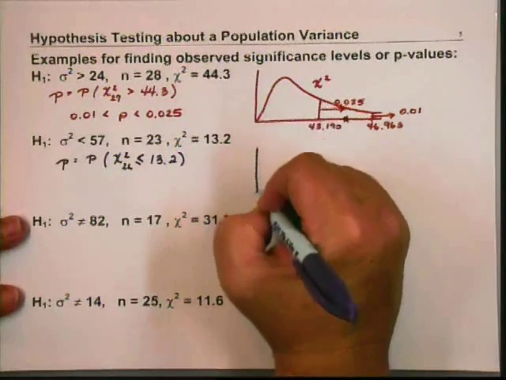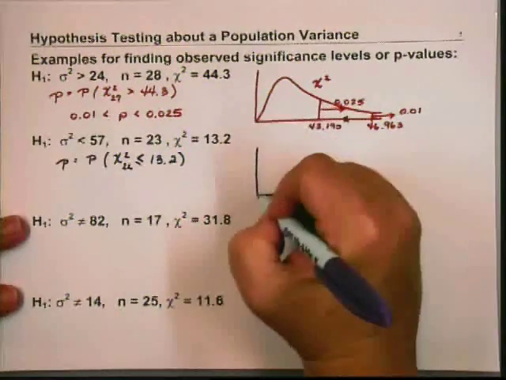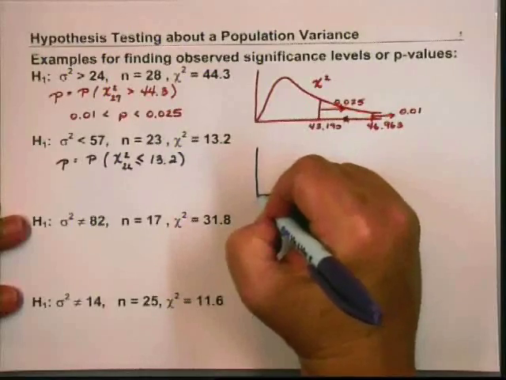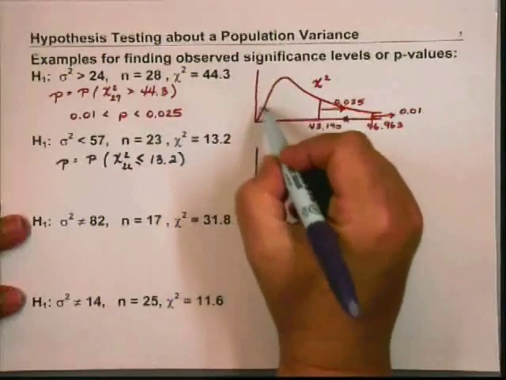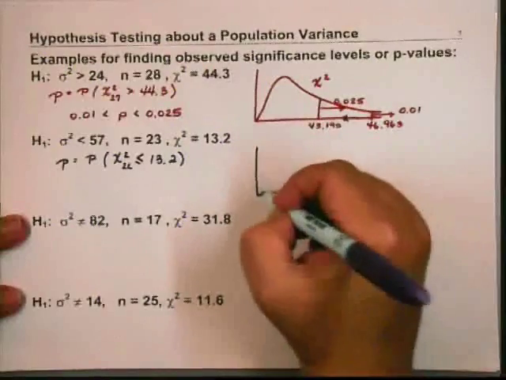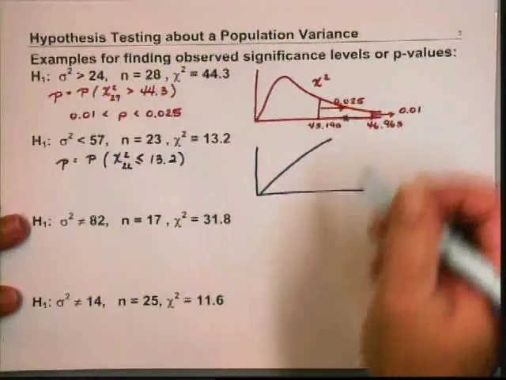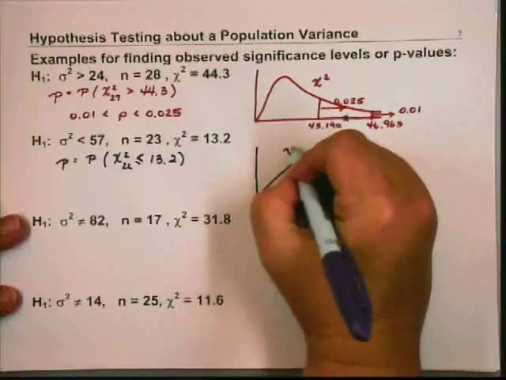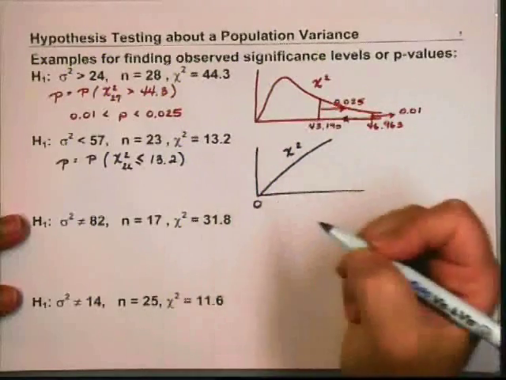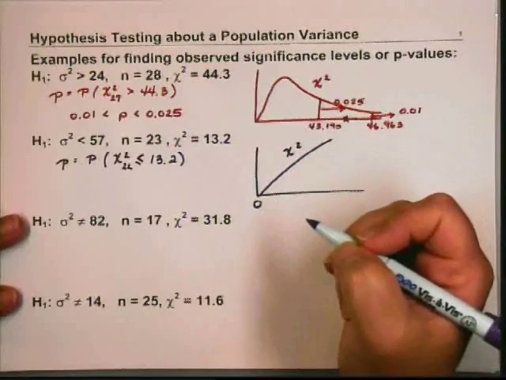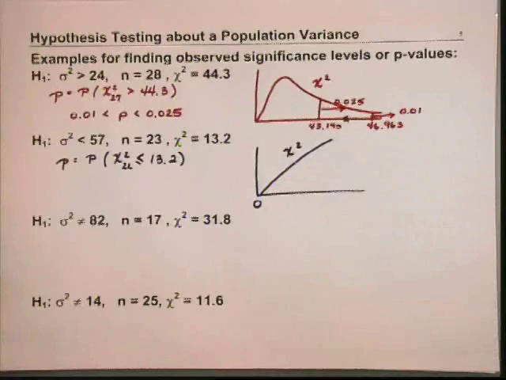So where we're at in the distribution here, I'm not going to draw it all. We're going to focus right down here, so it's going to look a lot bigger. Here's our chi-square distribution, close to 0. I want to go to the row for 22 degrees of freedom, read across, find the two values between which 13.2 falls.